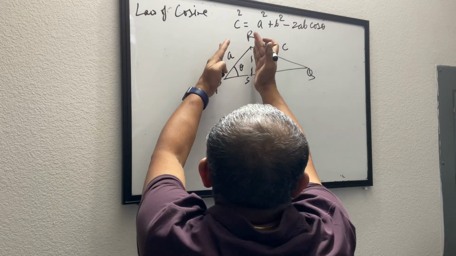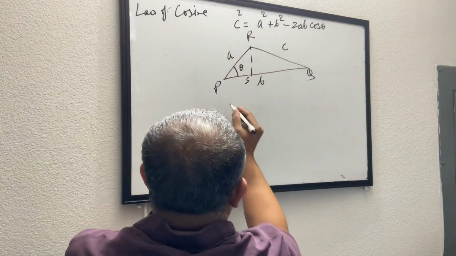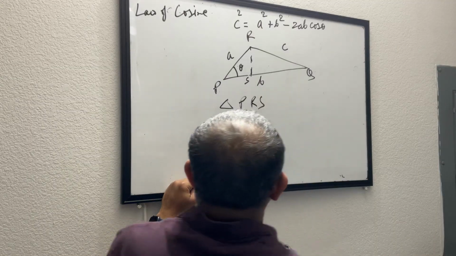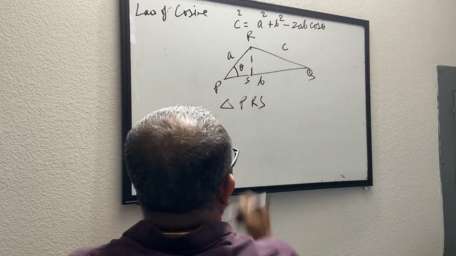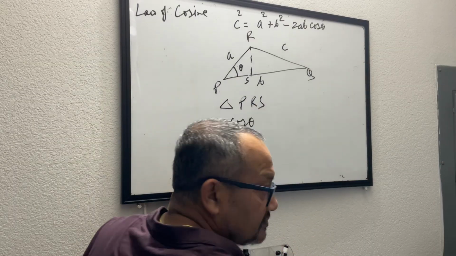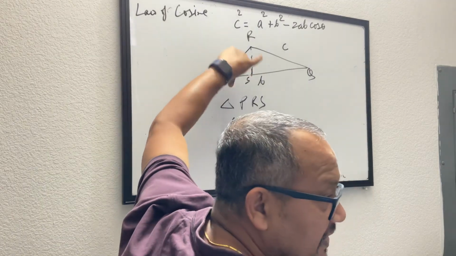So now let's look at this triangle, okay? This small triangle P R S. From this one, let's find out what is cos of theta. Cos of theta will be the side adjacent to this divided by hypotenuse.